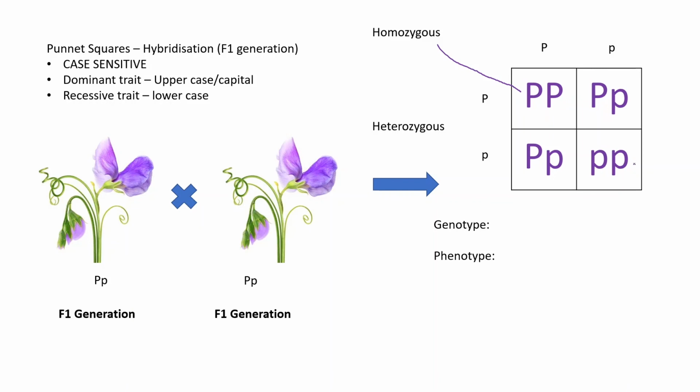This offspring here, although they're both recessive alleles, is a homozygous species as well. And the word we use to describe species with both a dominant and a recessive allele is heterozygous. So this offspring here is heterozygous, and that offspring there is heterozygous as well.